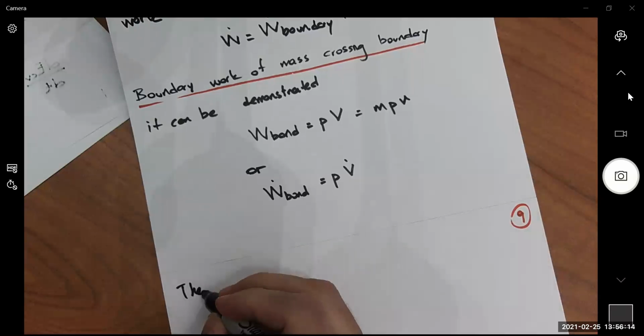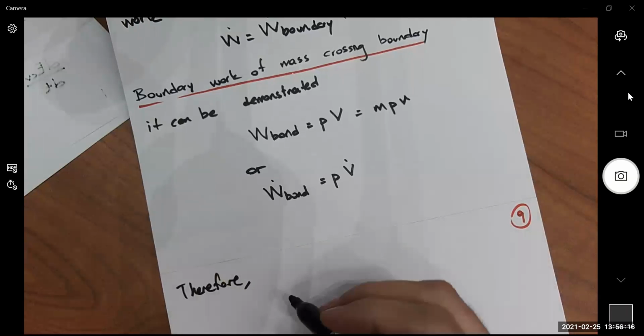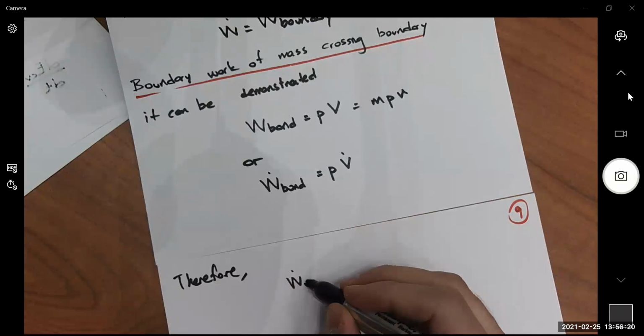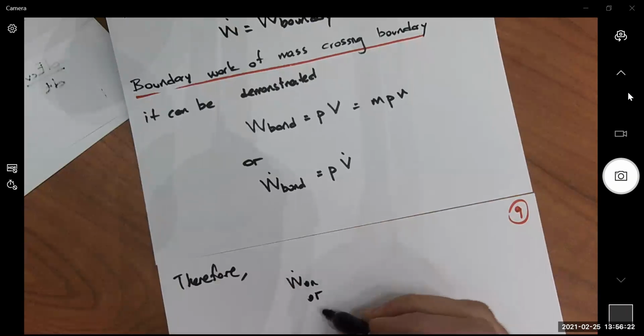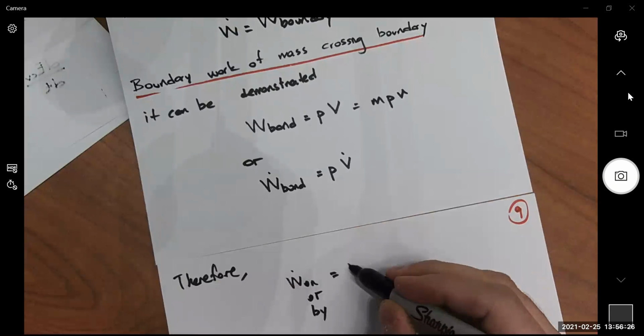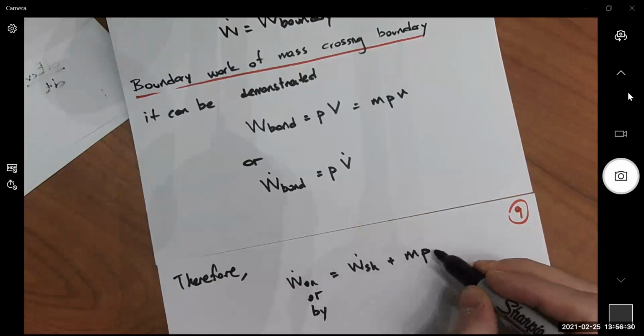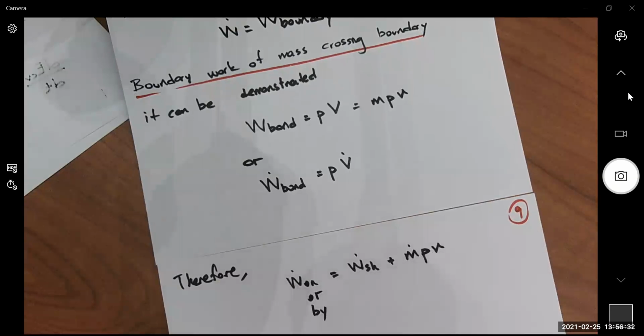Therefore, work on or work by will be equal to work shaft plus mass flow rate times pressure times specific volume, which is boundary work.